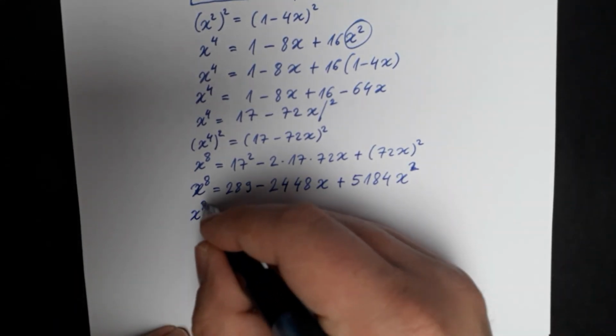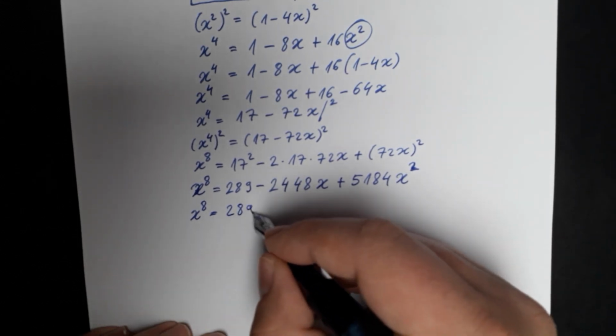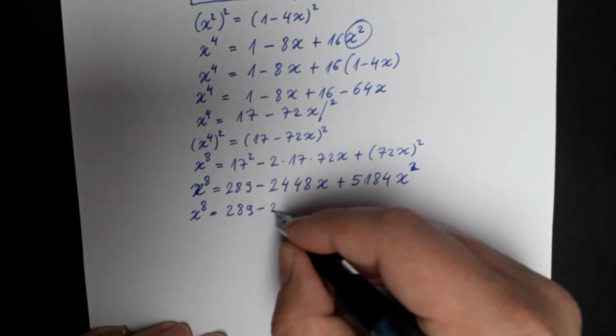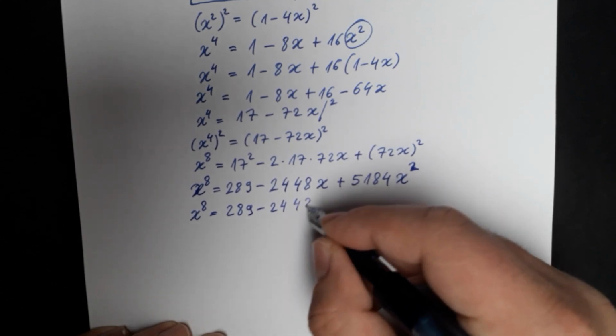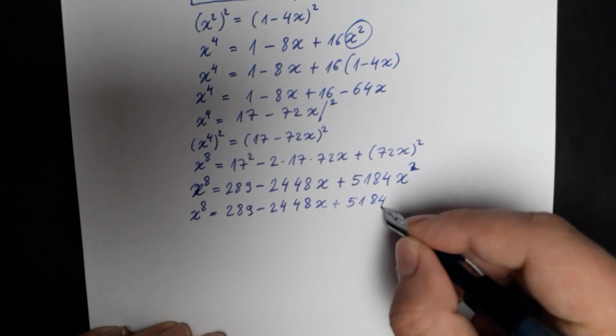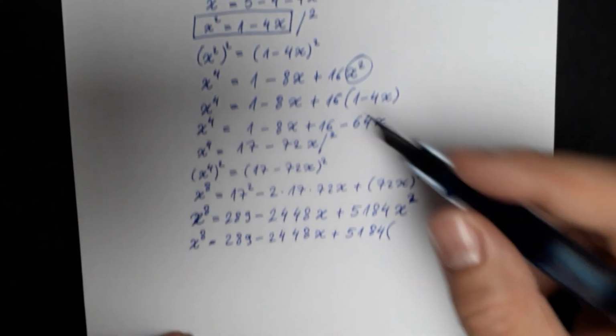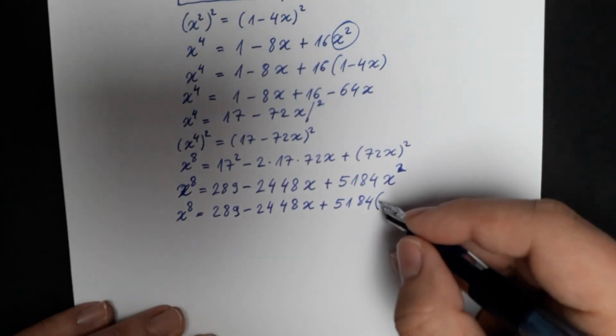x to the 8th power is then equal to 289 minus 2448x plus 5184, and x squared, we know that it is 1 minus 4x.